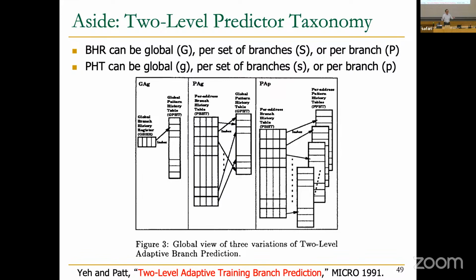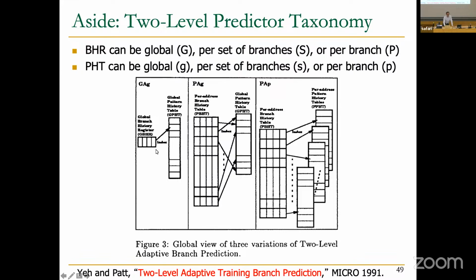Clearly, some branches will share some bits in the program counter, so there's some aliasing. The pattern history table can be global, meaning there's only one table, or per set of branches, like Pentium Pro did. They use some bits in the program counter to index into different pattern history tables. Or it could be per branch, which is clearly very expensive, with lots of pattern history tables. And these are 3 examples. This is really the global predictor that's used in Pentium Pro.